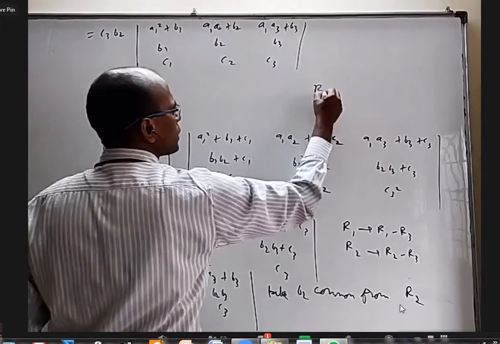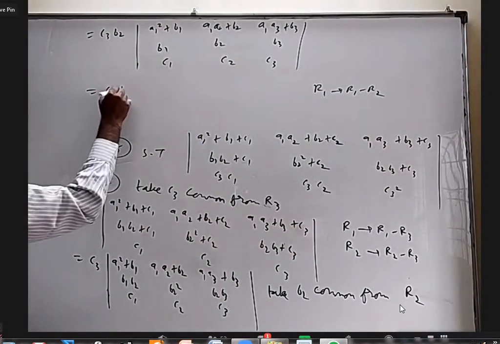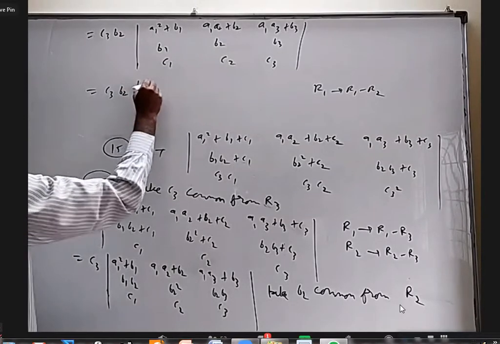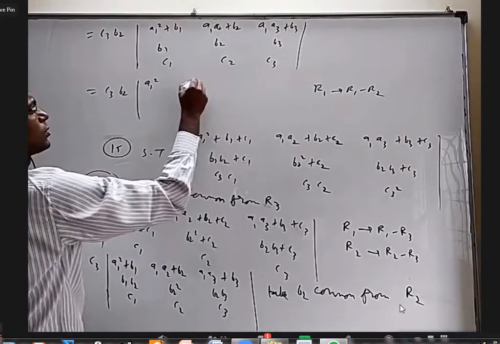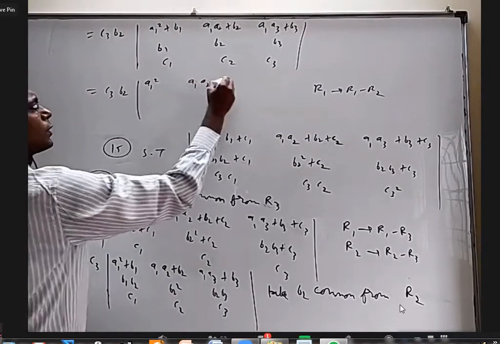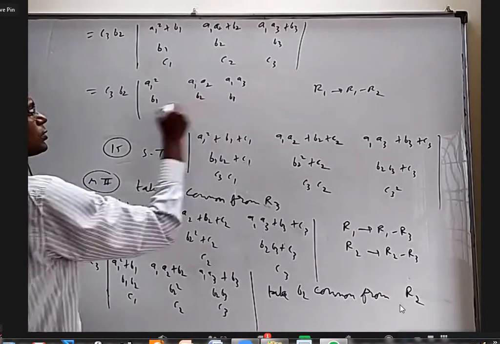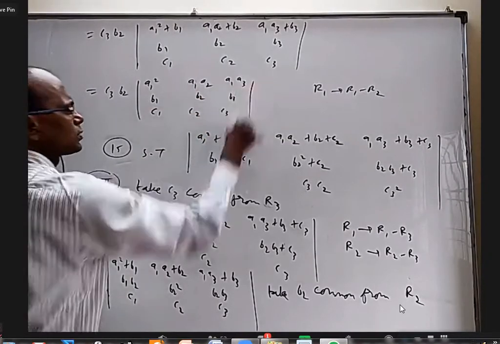Now I can do R1 as R1 minus R2. That will be C3 B2, A1 square, because B1 will go, B2 will go, then A1 A2 and A1 A3. This is B1, this is B2, this is B3, this is C1, this is C2, this is C3.